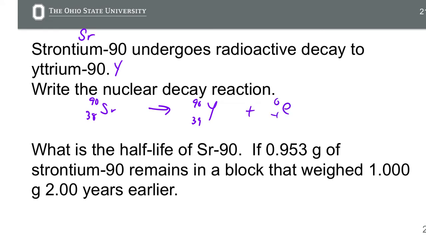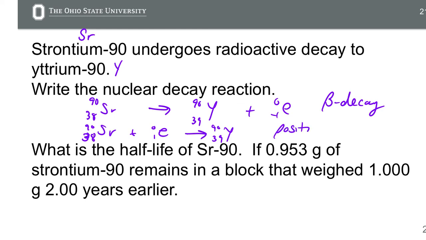But there's another route that could happen. You could have strontium-90 decay by positron emission, well, absorption. Both of these are valid.